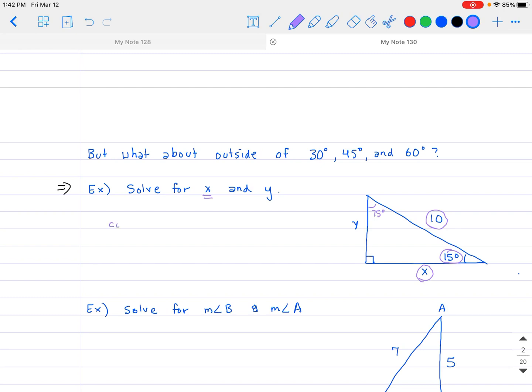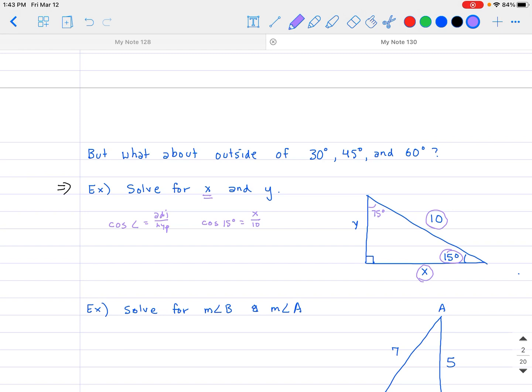Because if you remember, cosine of an angle is equal to the adjacent over the hypotenuse. So in this case, the cosine of 15 degrees, because that's the angle that's there, is going to be equal to the adjacent, which is x, divided by 10, because that's the hypotenuse. So there's your equation.